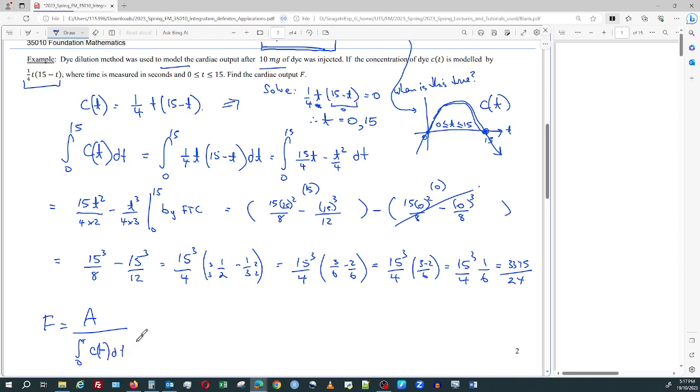Now we've done that, so it's 10 over 3375 divided by 24, which we can say is 10 divided by 3375 over 24, which is 10 times, so 240 over 3375.